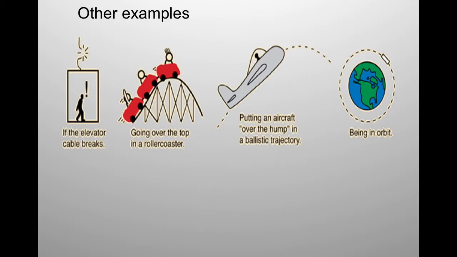Therefore, you and the roller coaster car are weightless. Over here, an aircraft is going up into the air, and when it goes over the hump, it is actually weightless. So the other one is being in orbit. And when you're in orbit, you feel weightless.